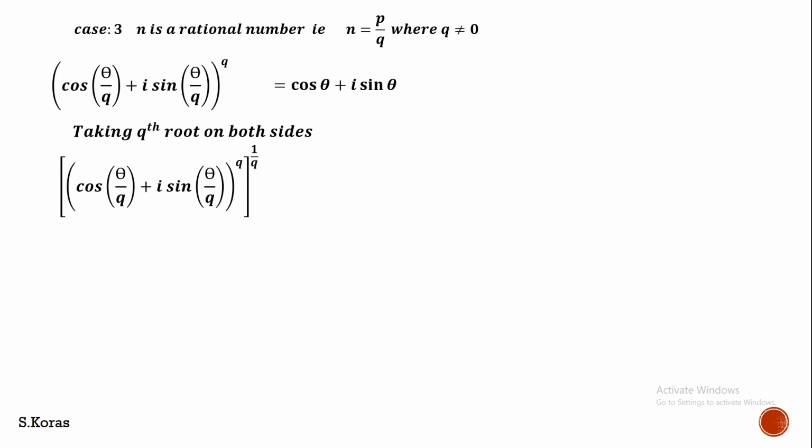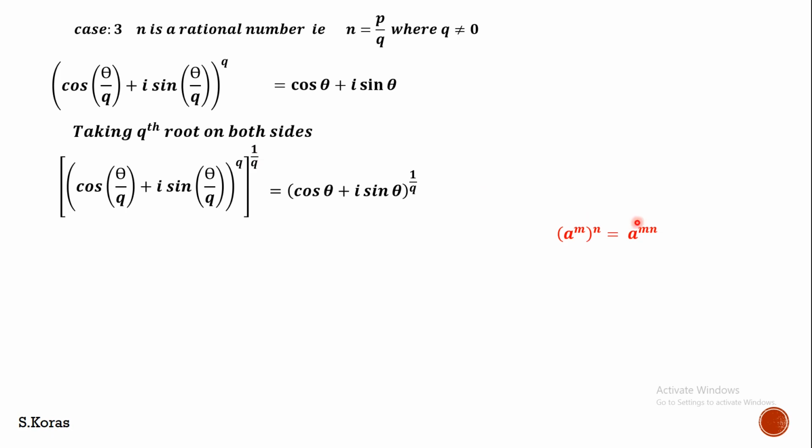There is a formula, that is, a power m the whole power n is equal to a power m into n. Let us apply this formula here. It is in the form a power m the whole power n.